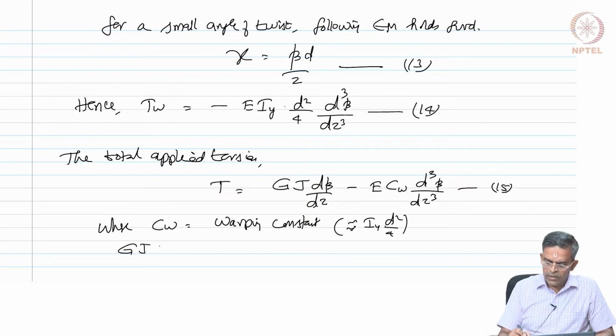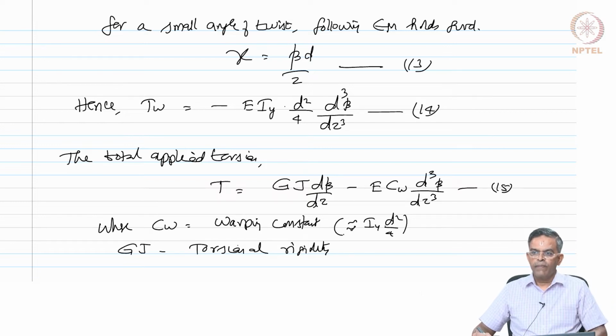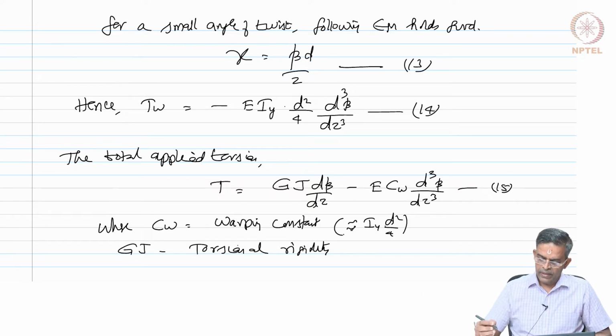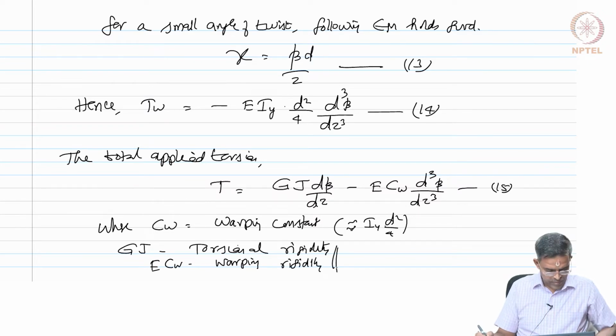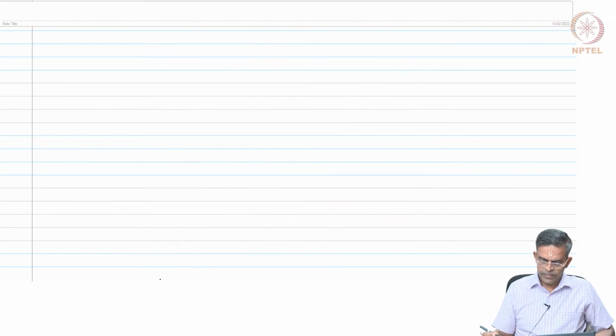In the above equation, GJ is called torsional rigidity, and E Cw is called warping rigidity.